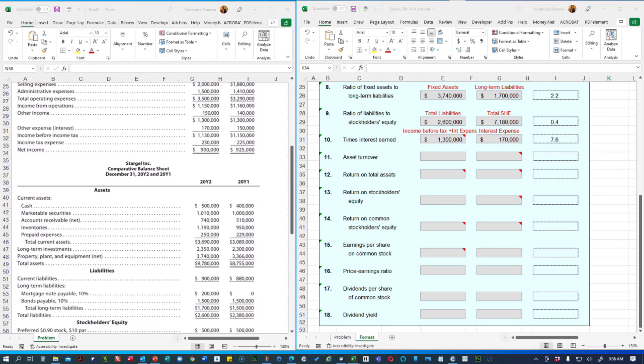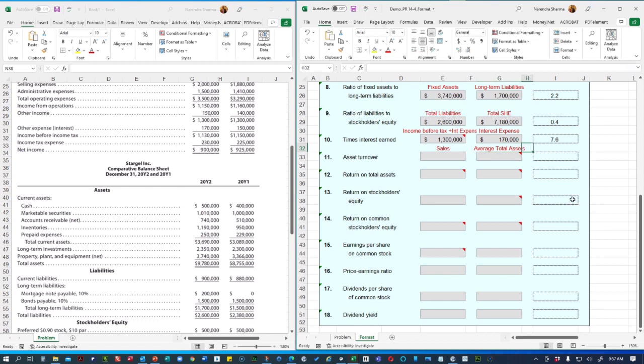Now, the next thing that we are going to calculate is the asset turnover ratio. So for the asset turnover ratio, of course, the formula is going to be sales divided by average total assets.